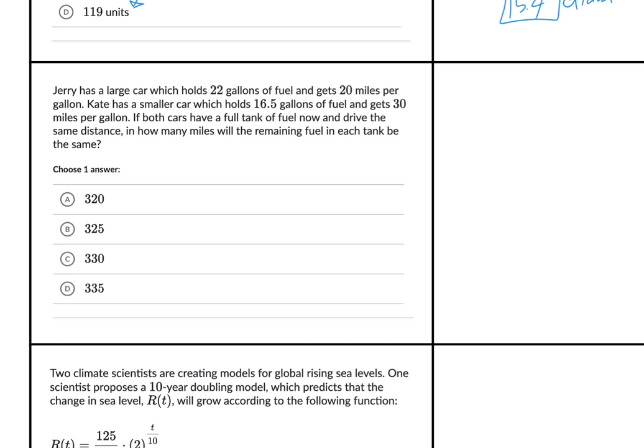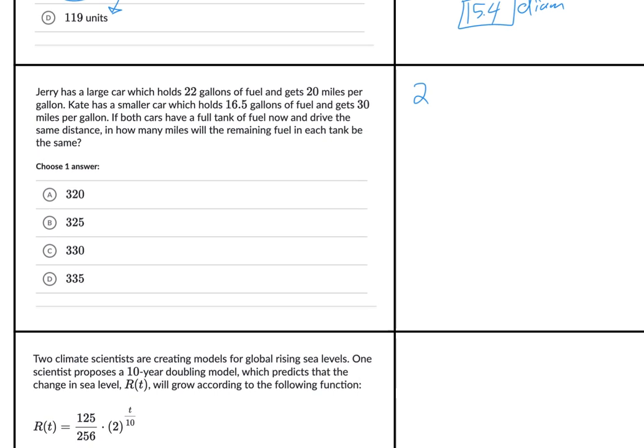So we have x is the number of miles. So I've got 22 gallons minus x over 20 equals the fuel left for Jerry. 16.5 minus x over 30 is fuel left for Kate.